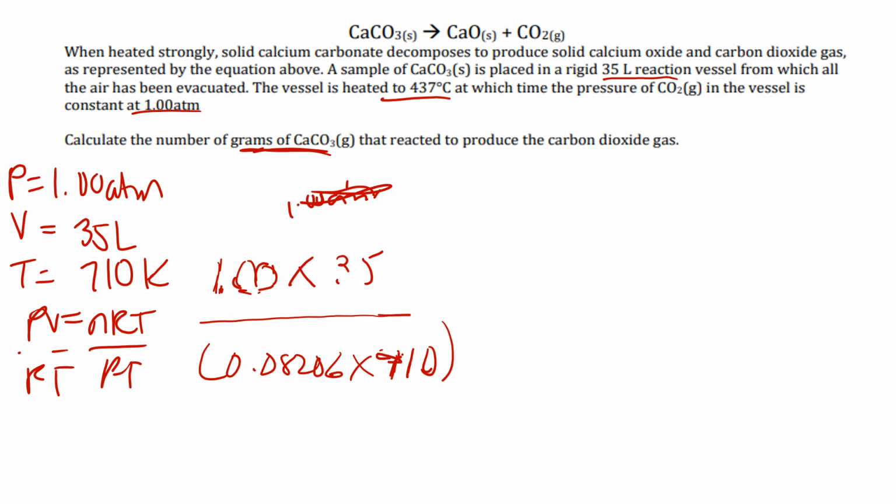So 1 times 35 divided by that, you should get 0.600 something moles of CO2.